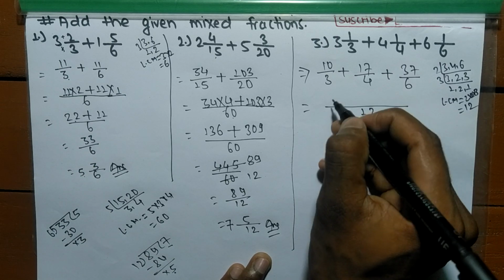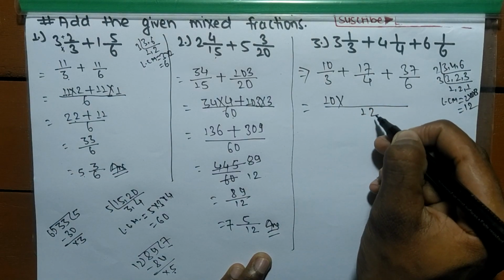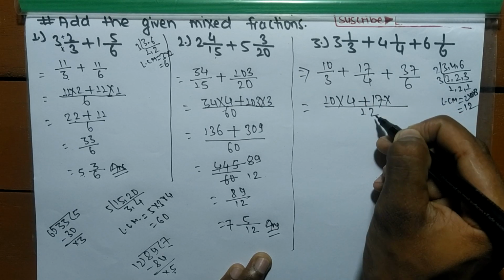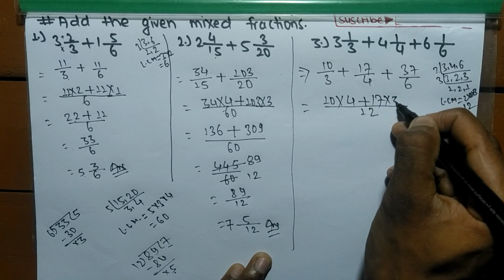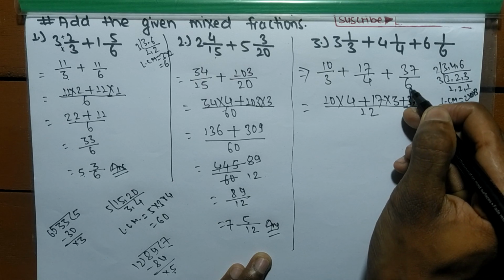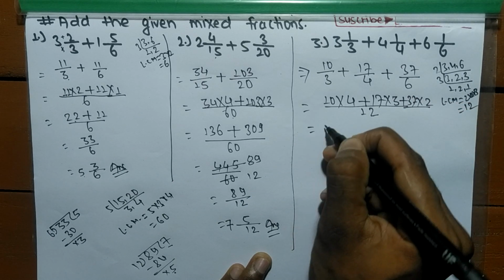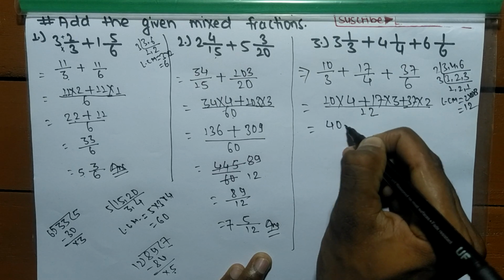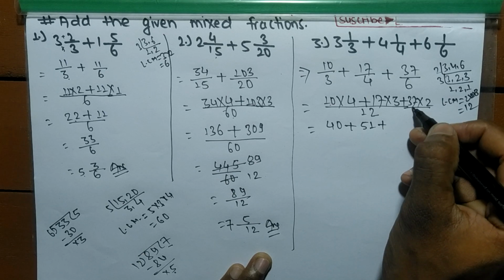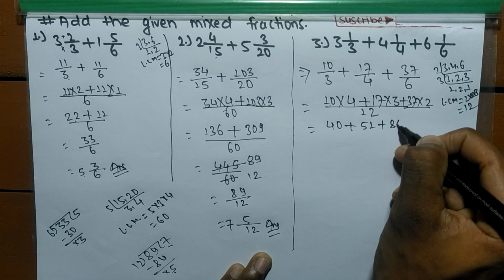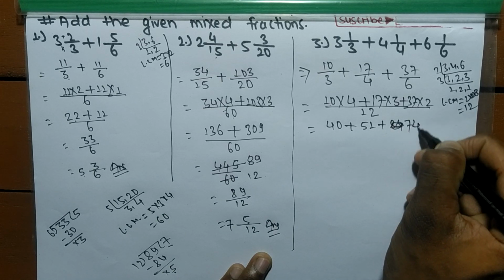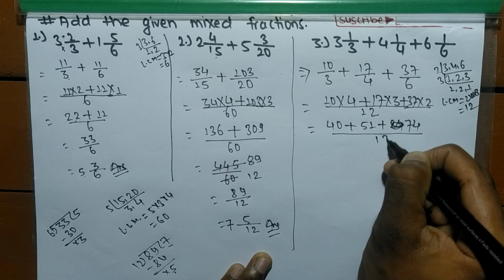It is 12. So now here is 10 into 12 divided by 3 means it is 4, plus 17 into 12 divided by denominator 4 means it is 3, plus 37 into 12 divided by 6 means it is 2. So 10 times 4 means it is 40, plus 17 times 3 means it is 51, plus 37 times 2 means it is 74, by 12.